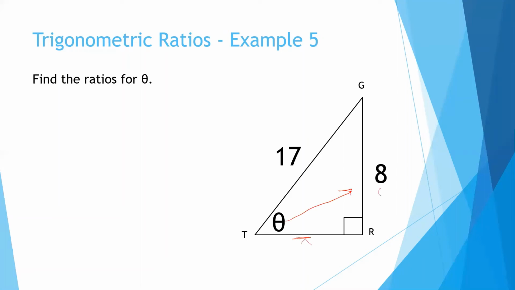This is opposite, right? And we know this side. This is your hypotenuse. So if we remember our functions, that means we can solve for sine theta is equal to opposite over hypotenuse, which is equal to 8 over 17. Okay?